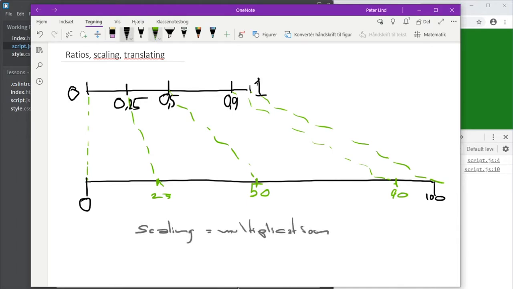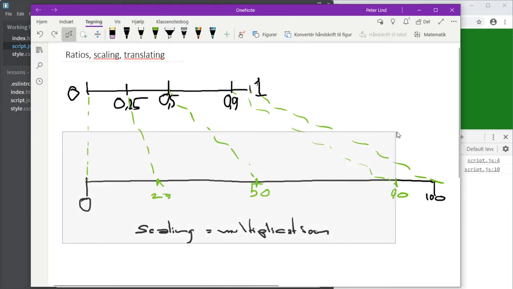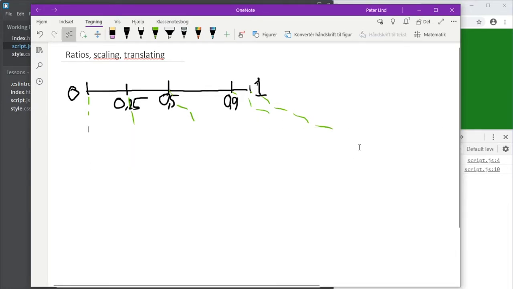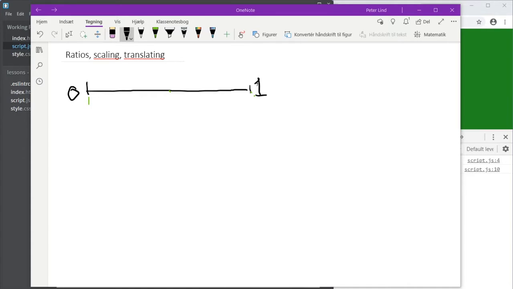That we can do. But what if we wanted it to be not from 0 to 100, but 1, 2, 3, 4, 5, or 6? So let's clean up this version of the scaling and just clean up these numbers here as well. We still have our random number between 0 and 1, but now I'm going to do it a bit backwards.